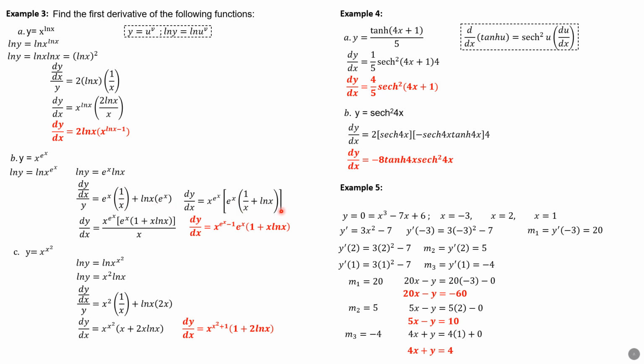Simplifying further, then we have x to the e to the x times quantity e to the x times quantity 1 plus x ln x all over x. So finally, dy dx is combining this, bringing x to the numerator. So we have x to the e to the x minus 1, then times e to the x, quantity 1 plus x ln x.